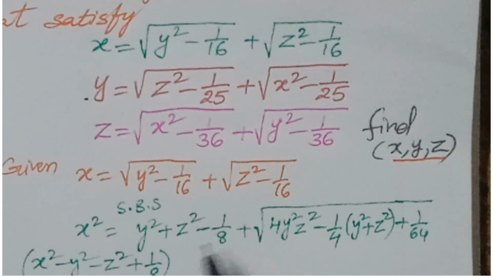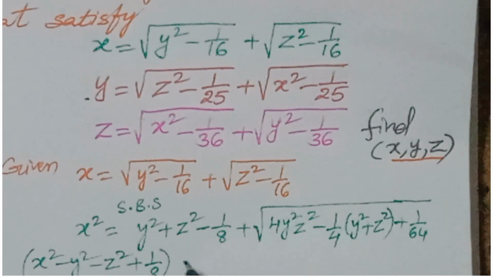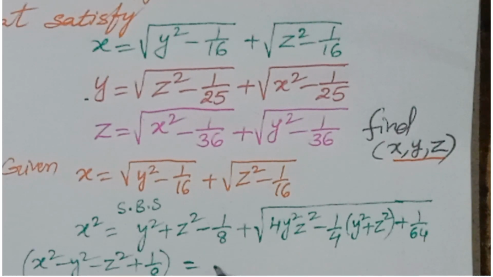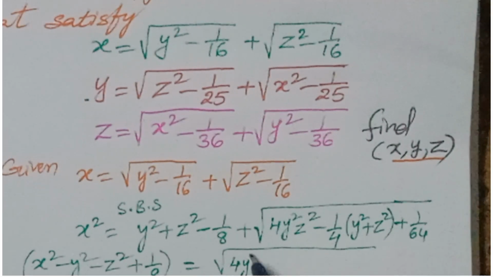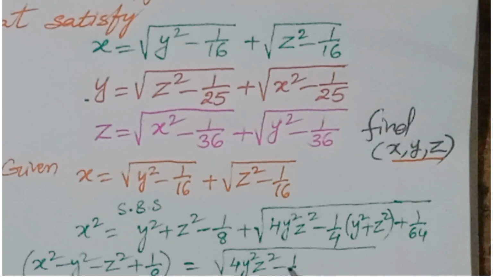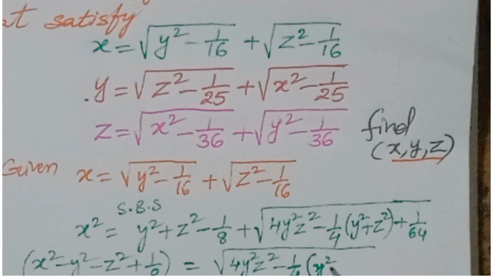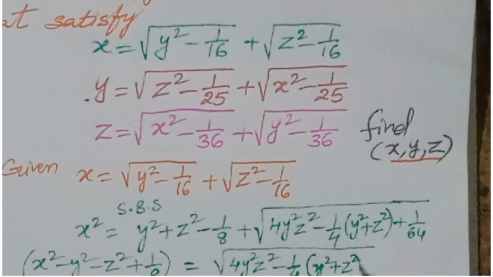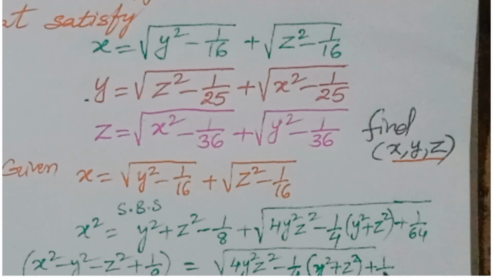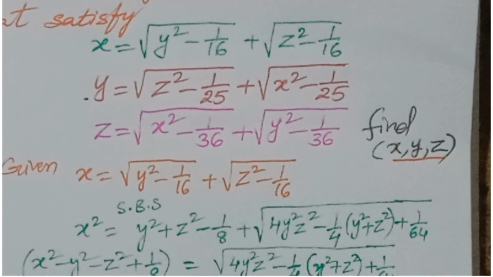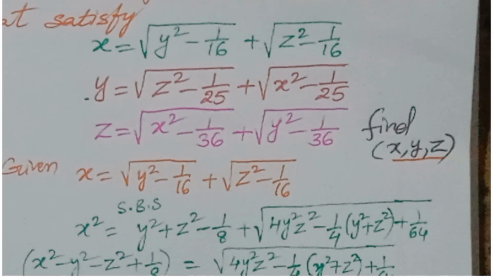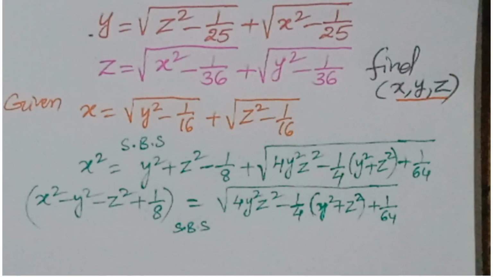So sending all the terms without the square root to that side, it is equal to the square root of 4 y square z square minus 1 by 4 times y square plus z square plus 1 by 64. Now again doing squaring on both sides, two times we are doing squaring on both sides.